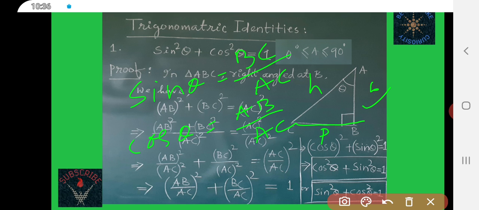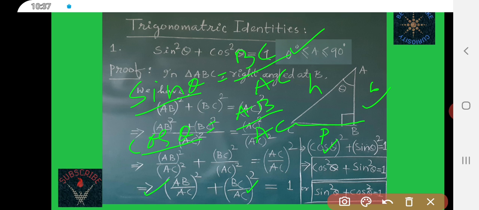Now you put in this equation sin theta and cos theta, that is AB by AC is your cos theta, and BC by AC your sin theta.